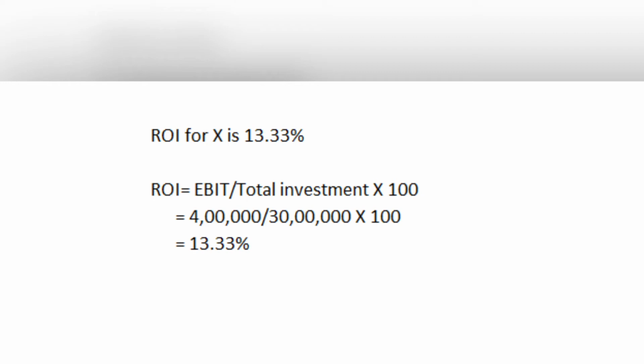EBIT is the earnings or the return which is earned by the company before interest and tax. So ROI in this case turns out to be 13.33%, which is calculated by dividing EBIT by total investment into 100. Earning before interest and tax divided by total investment into 100 gives you return on investment, that is 13.33%.